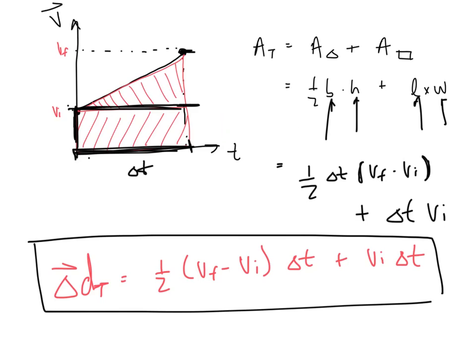What I hope you'll notice is that there is some rearranging that we could do here. So for example, if I was to expand these brackets, I would notice that I had a term with a vi and a delta t, and over here I have a vi and a delta t. So I'm not going to go through all the math, but what I'm going to do is show you what the product would be if I rearranged all of this equation, combined the like terms, to come up with a rearranged version.